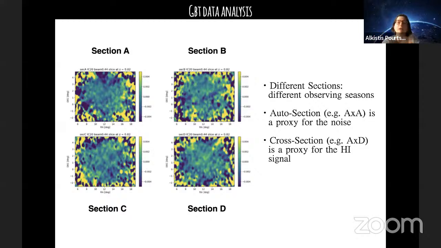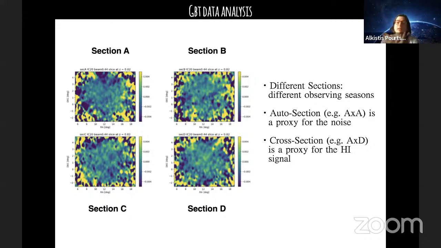So you can get a power spectrum without a thermal noise bias. And if you're lucky, you can also get rid of time-dependent systematics. If you observe the same parts of the sky at different times, and you have strongly time-dependent RFI or whatever, you can get rid of that as well. GBT has 4 seasons, and you can use the auto seasons or auto sections as a proxy for the noise of your experiment, because it's quite noisy.